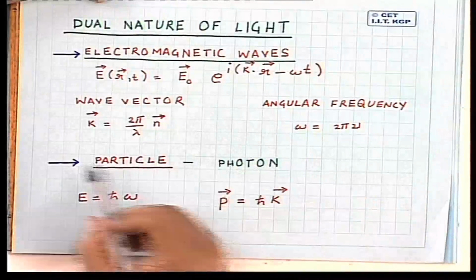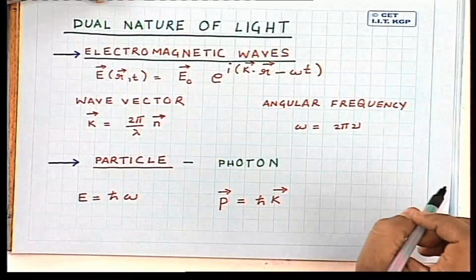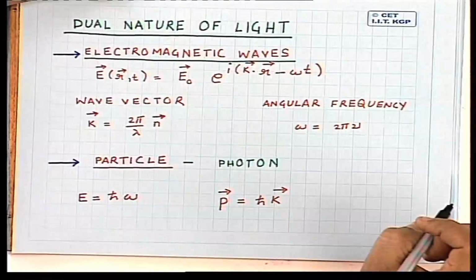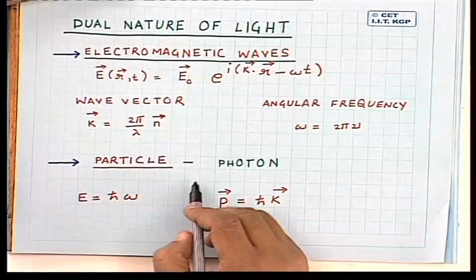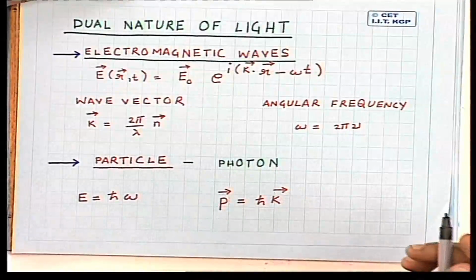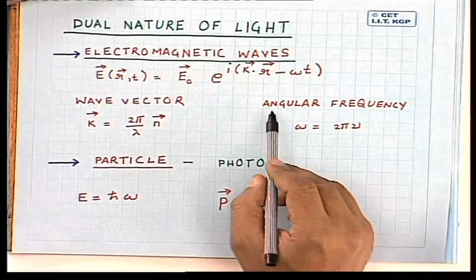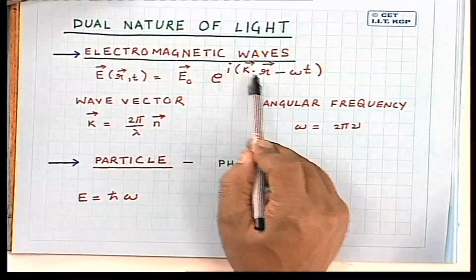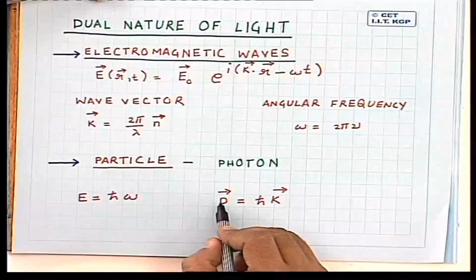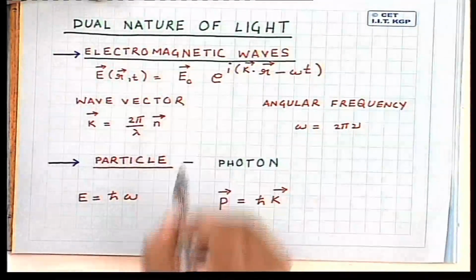Now, in order to explain effects like the photoelectric effect or the Compton effect, one has to invoke a totally different behavior for light. One has to go for a particle-like description for light, and the particle is called a photon, and one attributes an energy E, which is h cross times omega, where omega is the angular frequency of the wave, and a momentum p, which is h cross times k, where k is the wave vector of the wave.